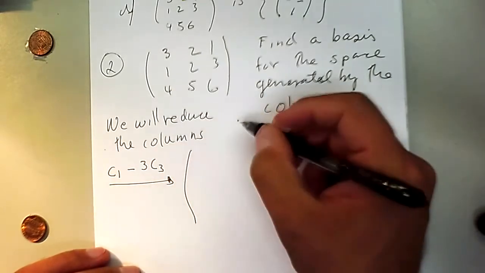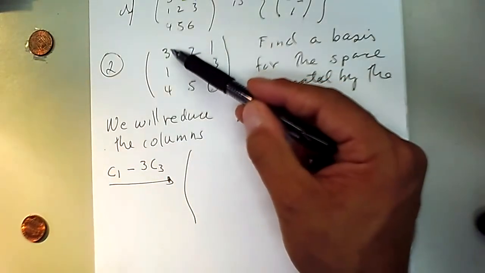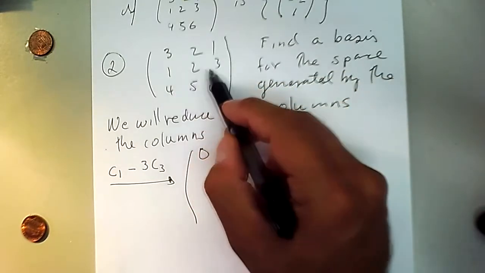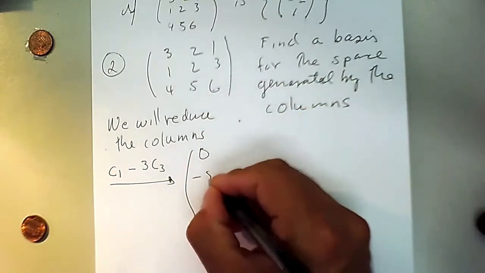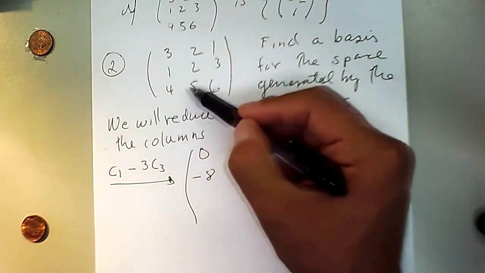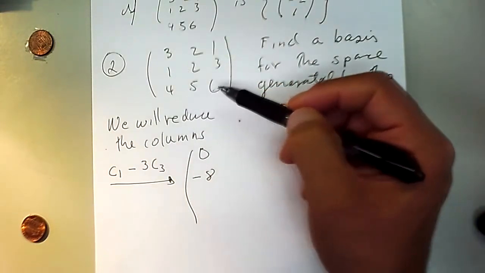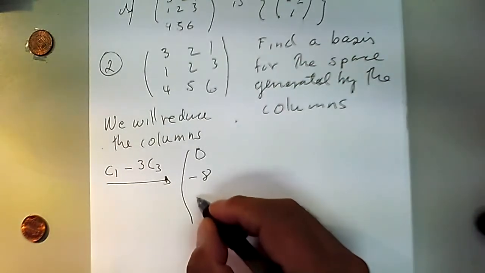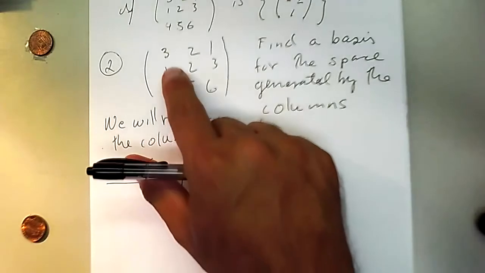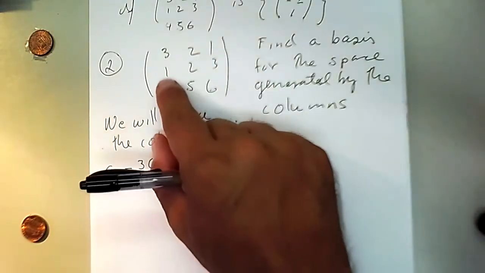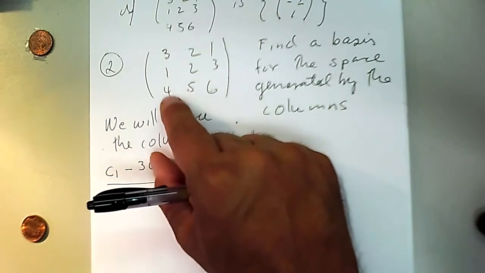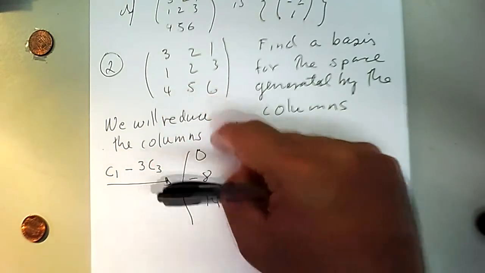So now we're doing column operations. 3 minus 3, 0, that was the point. 1 minus 9 is negative 8. 4 minus 18 is negative 14. Well, let me double check that again.